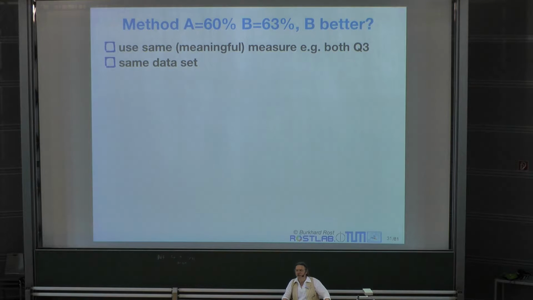Then the next question would be, do they have the same data set? Could be that one is using 20 all alpha proteins and one is using 20 all beta proteins. Or that one is using a set of proteins that are very similar to each other, and one is using proteins that are not. One is using a set of proteins that are easy, one is using a set that are difficult.